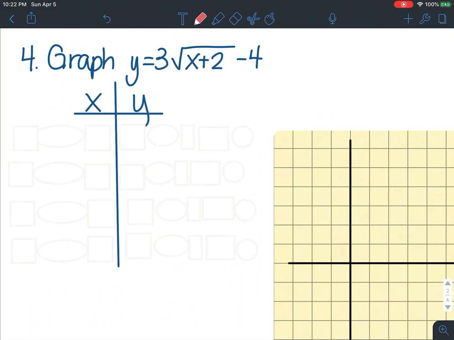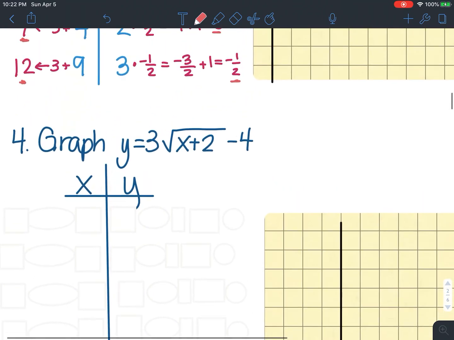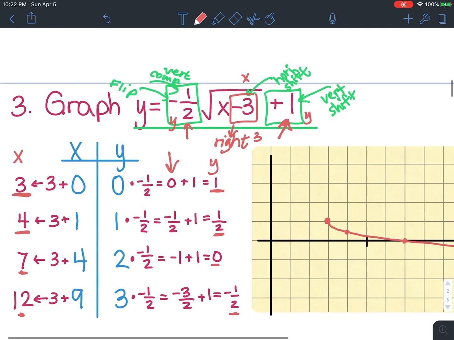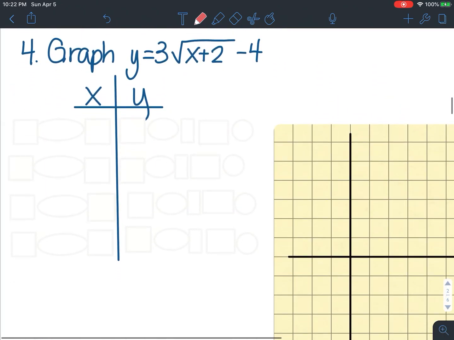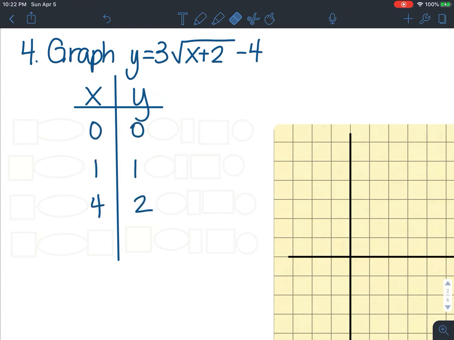Okay. So y equals 3 times square root of x plus 2 minus 4. So the transformations are just different by numbers, but the process will be exactly the same as we did up here in number 3. So really, I want you to start off by making your table of xy numbers for the parent square root of x graph: 0, 0, 1, 1, 4, 2, 9, 3.